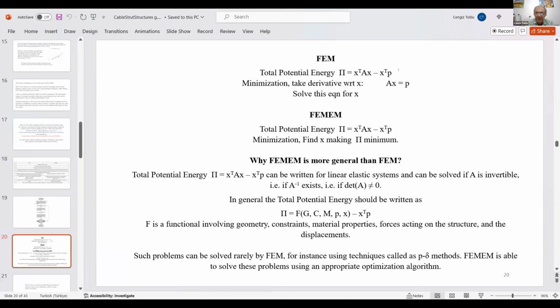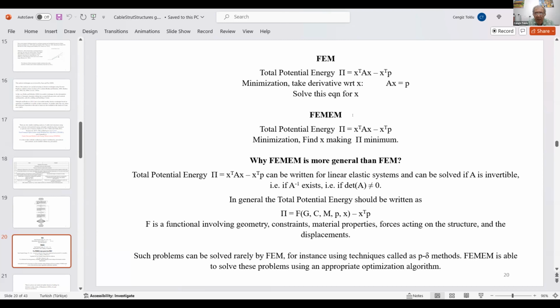But if we take the derivative of this equation with respect to X, where the function is something like AX squared minus PX to be minimized, we find AX is equal to P. So the matrix equation that we use in the finite element method is actually obtained by minimizing this function.